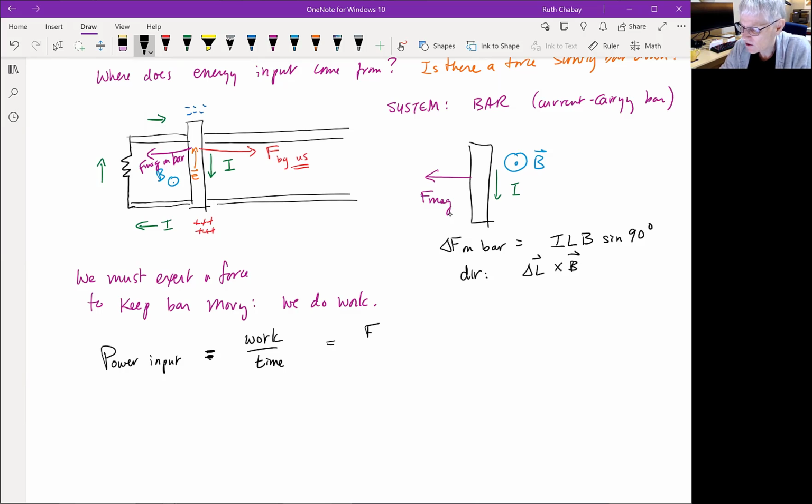So this is the force by us, delta x over time delta t. So this is the work you do, the force you exert per unit time. And so this is going to be equal to, we know how big the force you exert is. This is just the conventional current times the length of the bar times the magnetic field.